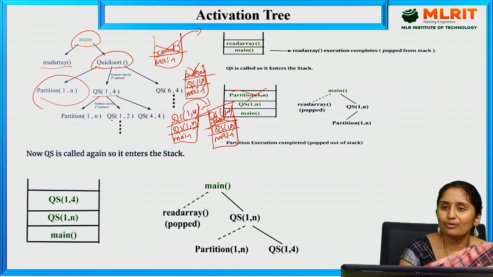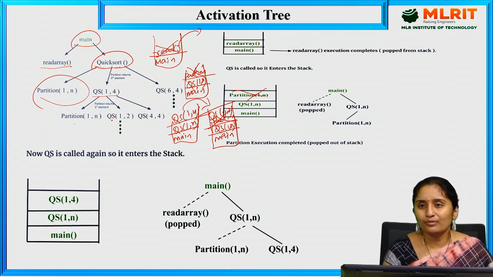When a function call is done, a procedure is created in the stack, and once the activation record or the procedure is completed, the activation record will be popped out from the stack. All of this is done in the stack memory allocation. So this is about the activation record.